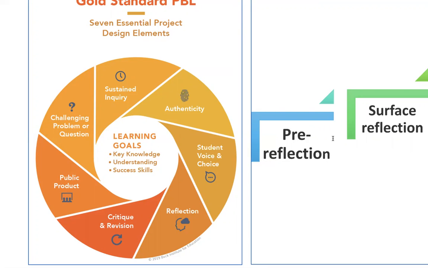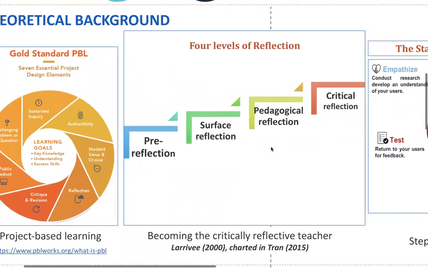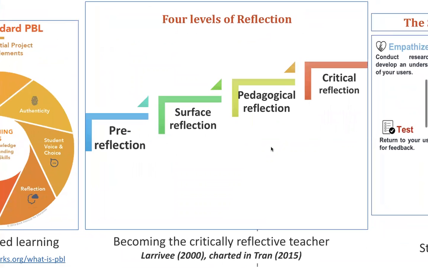The second principle that we based our research on is the division of reflection into levels. In this particular research, we are using the categories by Larry V. 2000, in which reflection will be categorized into 4 levels.